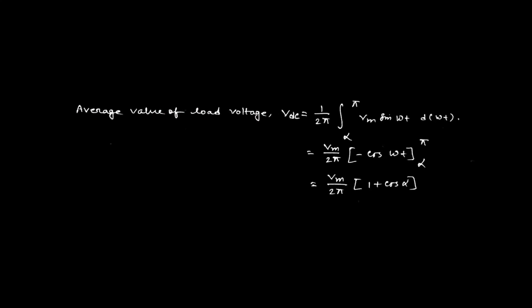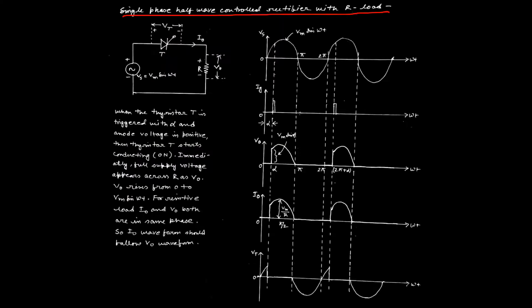So first go to the waveform. In this case it is easily seen that the output voltage is confined between the region alpha and pi.